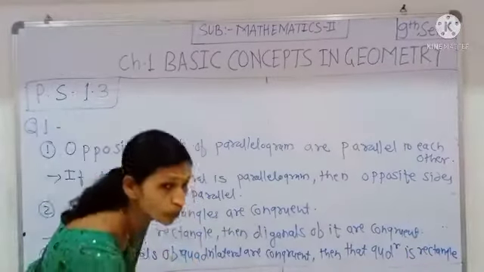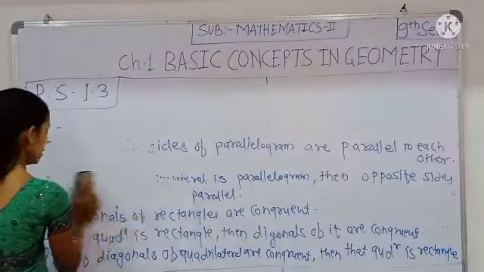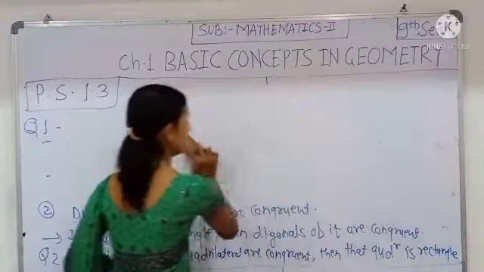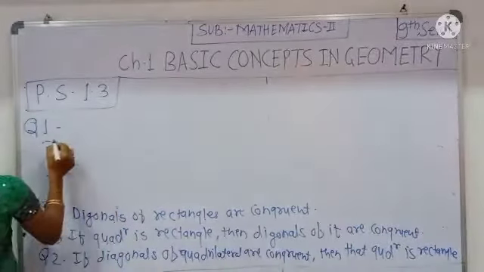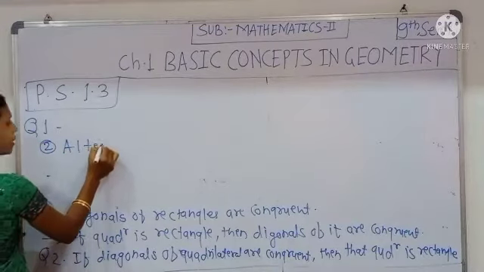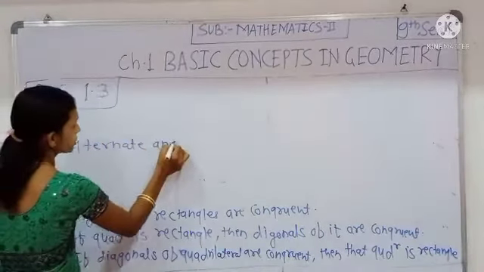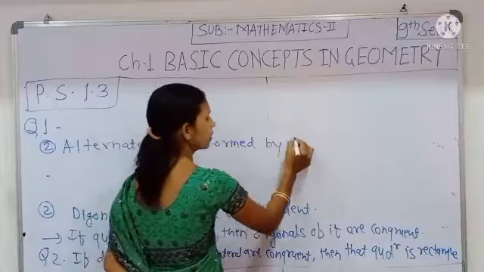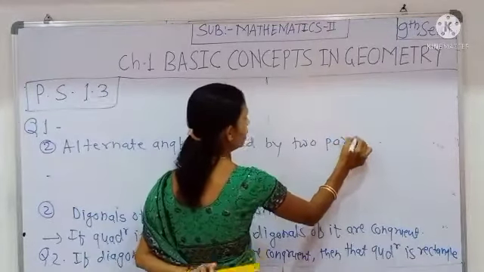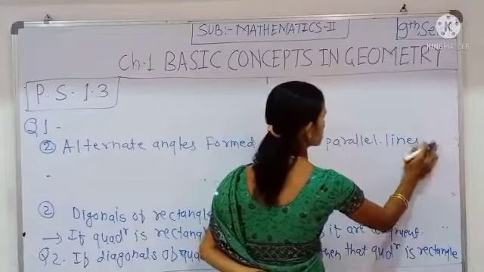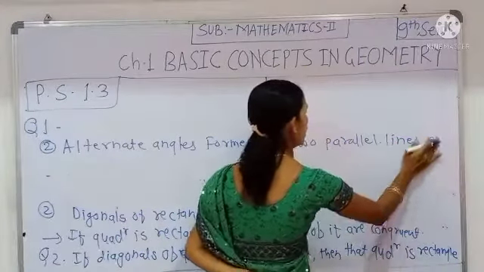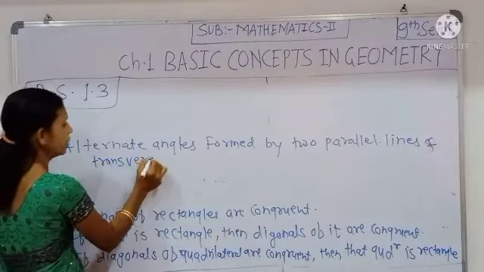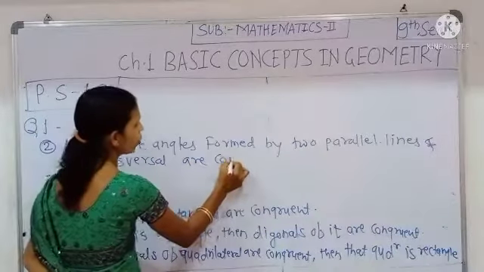Then one more statement is given here: alternate angles formed by two parallel lines and a transversal are congruent.